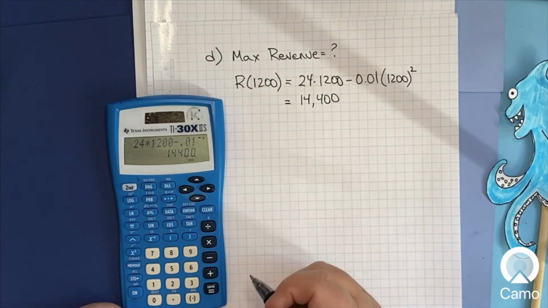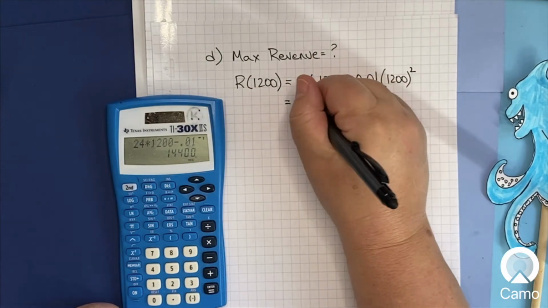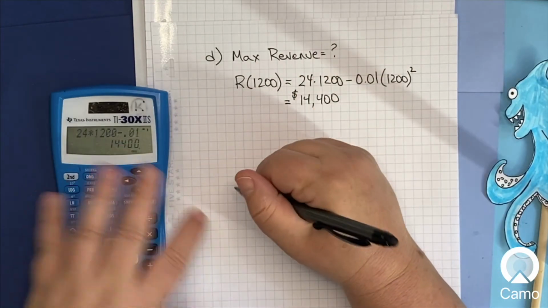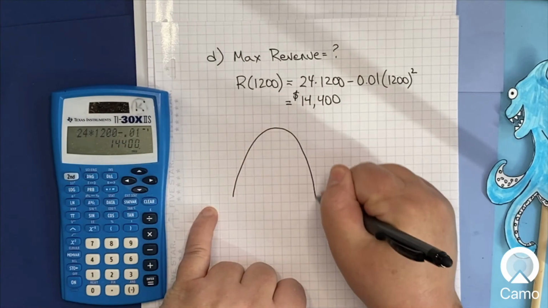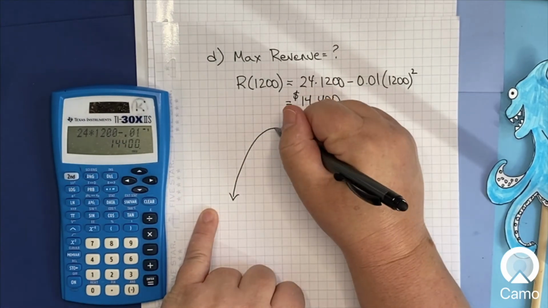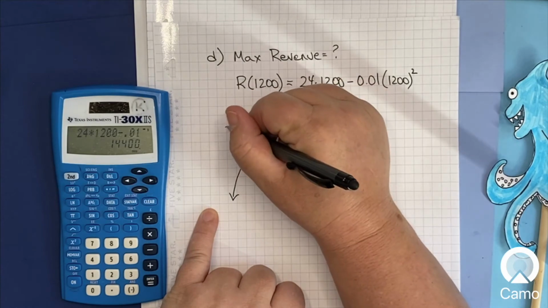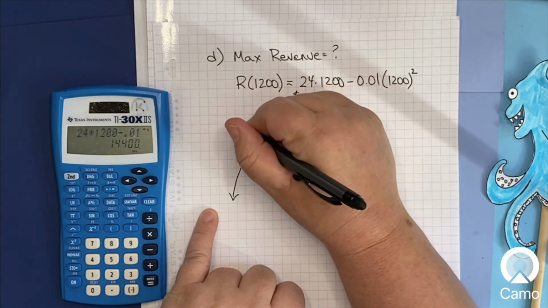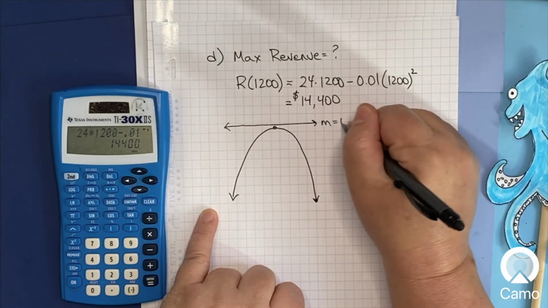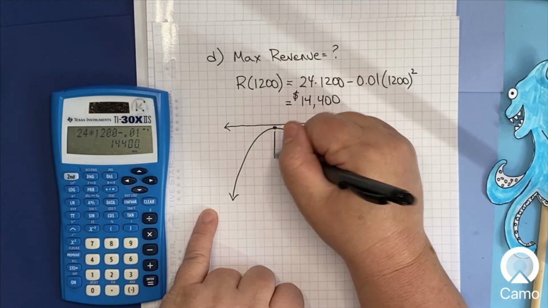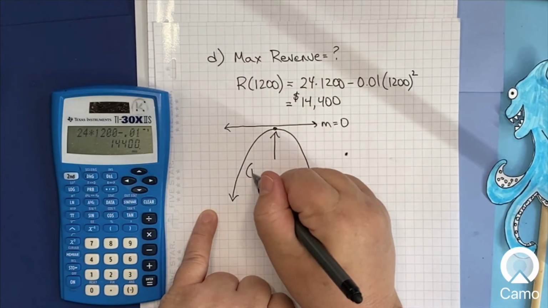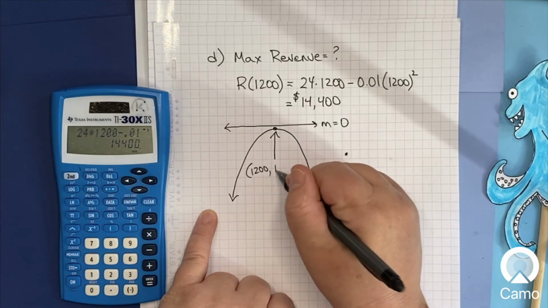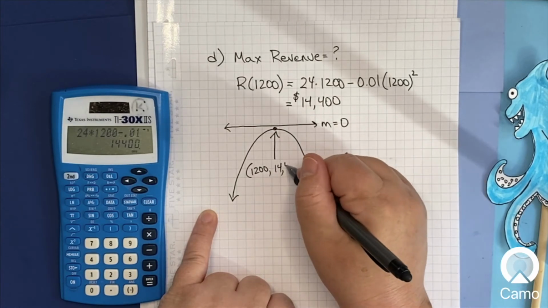So 14,400. And this is revenue. So in other words, what this is saying is right there at the top, where the slope equals 0, the coordinate of this point is 1,200, $14,400.